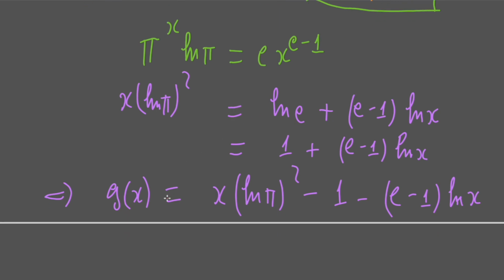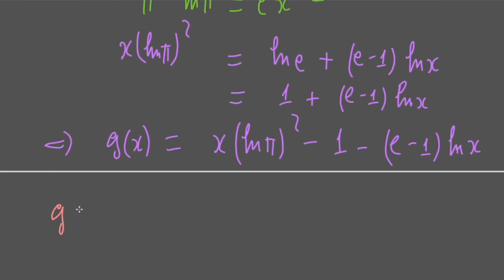Again, we find the derivative of g(x). That would be ln pi minus (e minus 1) over x.